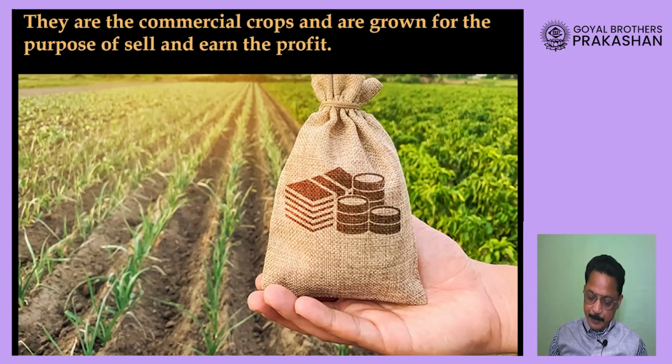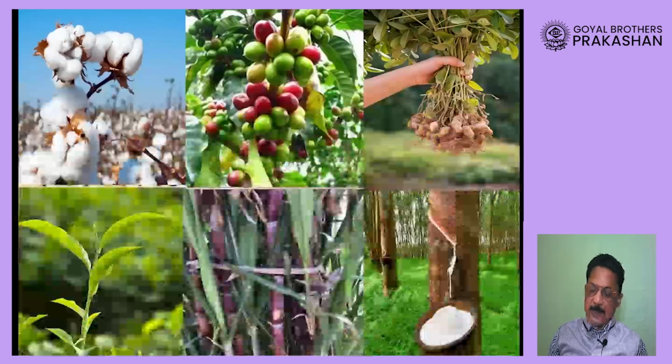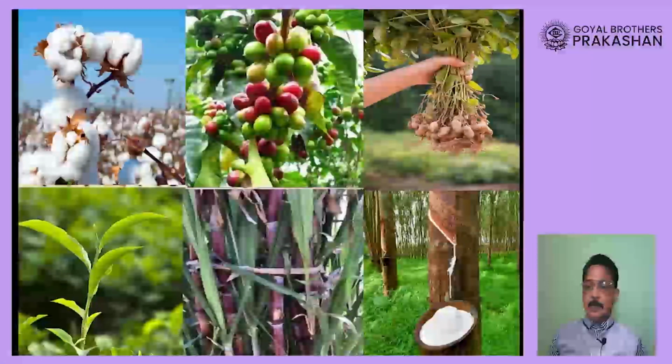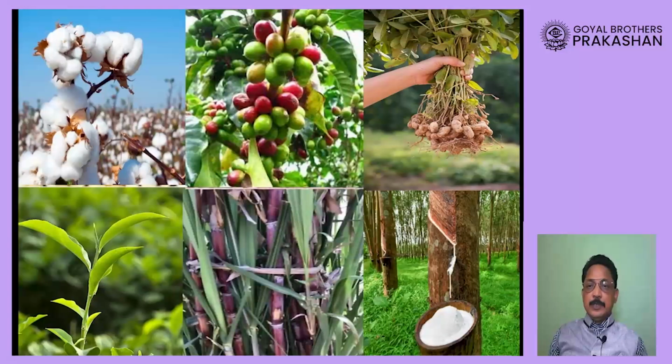Now understand a few very important characteristics of these cash crops. But before that, just look at some examples. Cotton is basically grown for industrial purpose. Coffee is grown for industrial purpose.